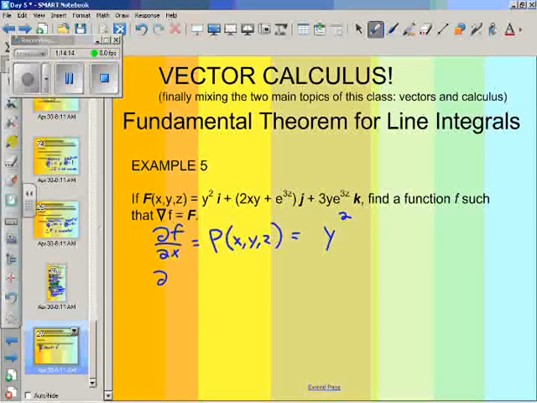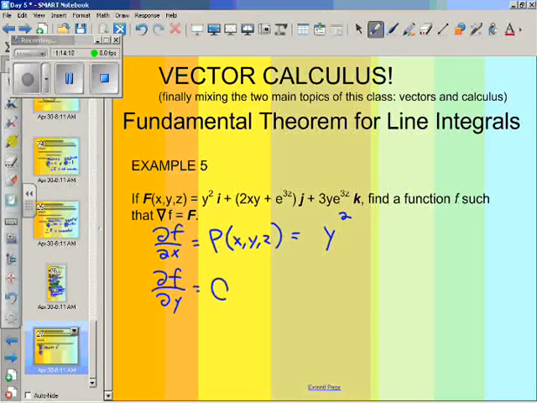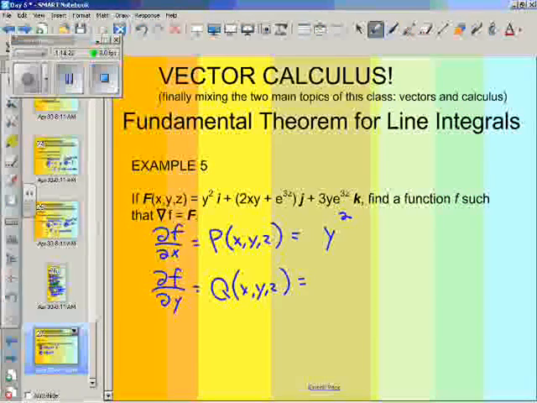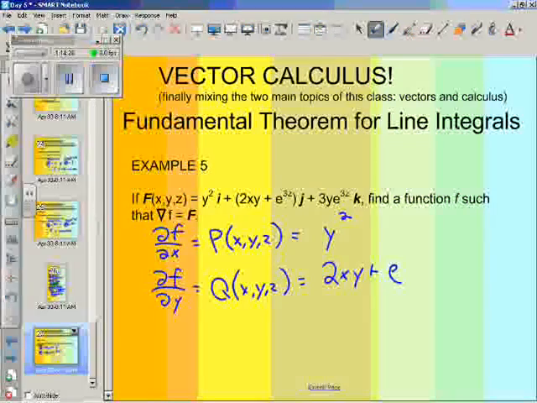And then the f dy is going to be our Q. And so that's going to be 2xy plus e to the 3z.